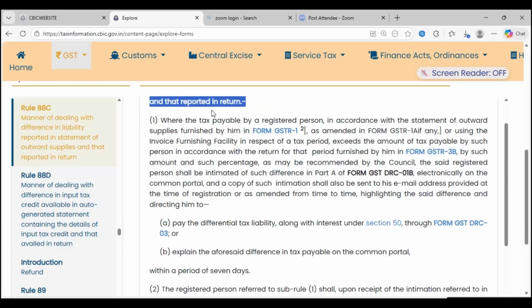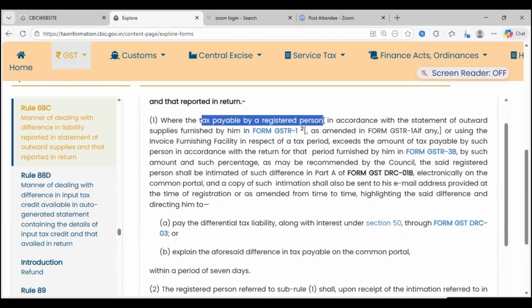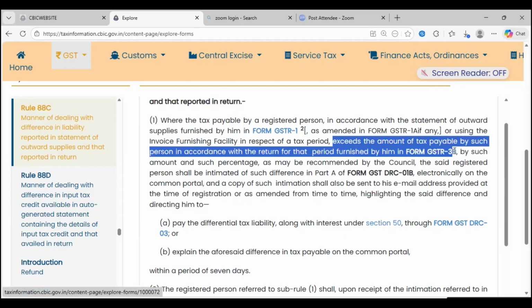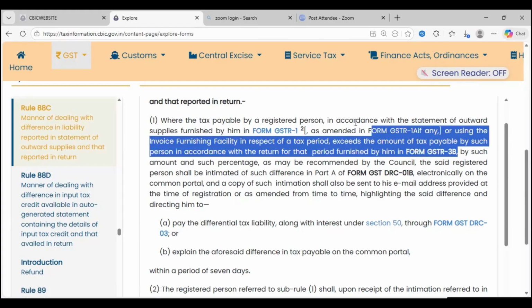So here you have this notice where they say, tax payable by a registered person in accordance with the statement of outward supply furnished in GSTR1 or as amended in 1A, if any, using IFF in respect of a tax period, exceeds the amount of tax payable by such person in accordance with the return for that period furnished in Form GSTR3B.